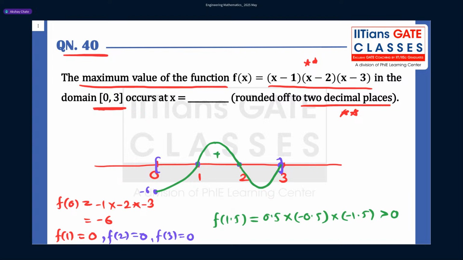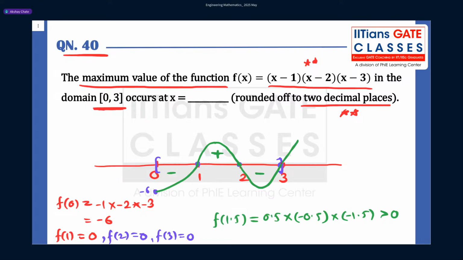I just wanted to check whether the way I'm thinking the function will behave is correct or not. Okay. Similarly, you can take any value between 2 and 3 and check the nature. It will be negative. Okay. So this is how the function behaves. And after 3 it goes like this. You can just check that also, but not needed since we are supposed to focus on 0 and 3.